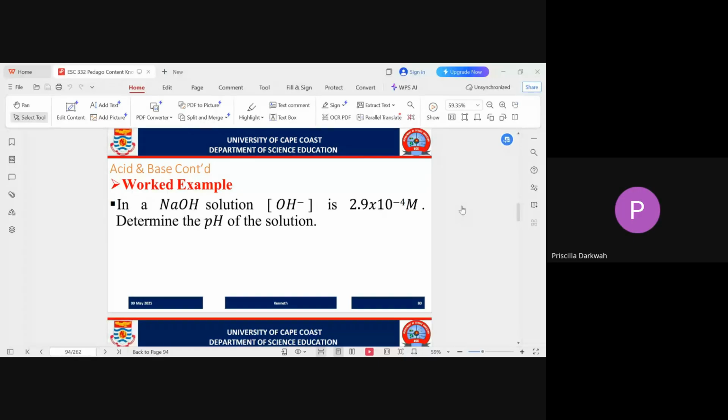Yes, Doc, that's just as I did it in two decimal places. So the first one was 3.54, and when I subtracted it from 14, because the sum of pOH and pH is 14, the pH became 10.46.